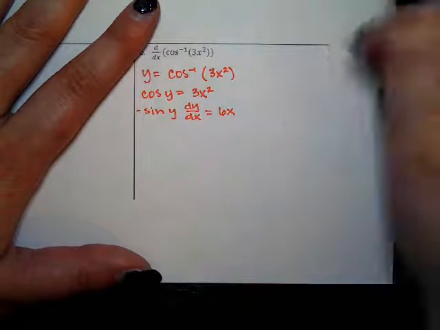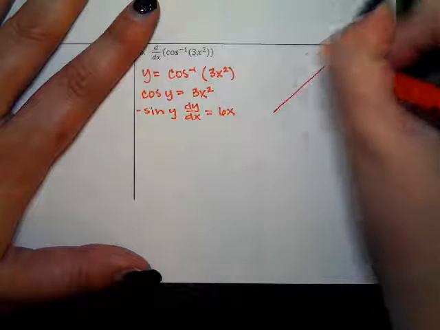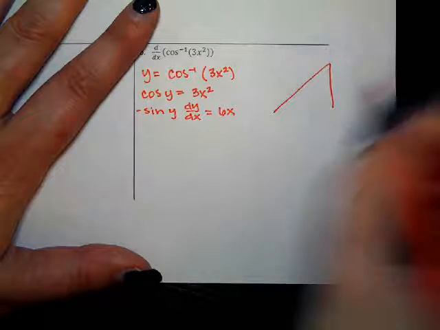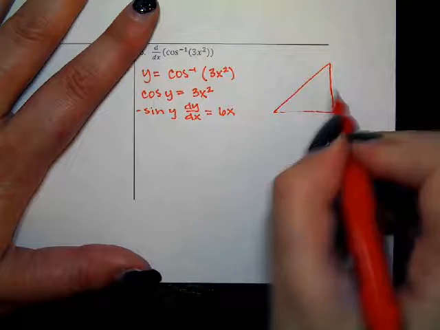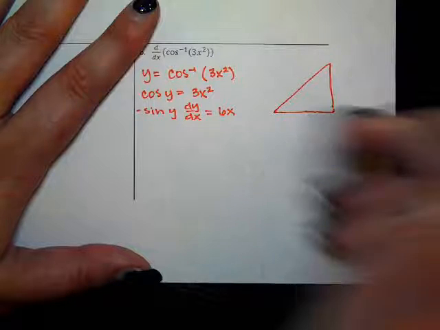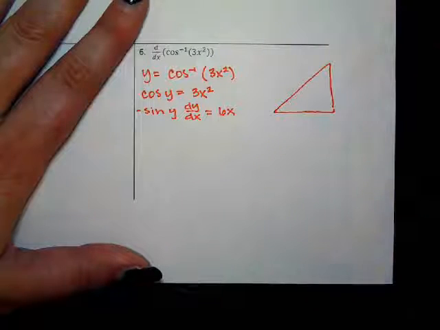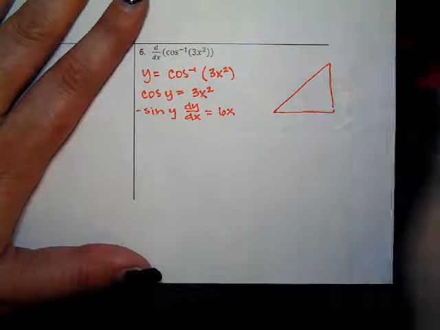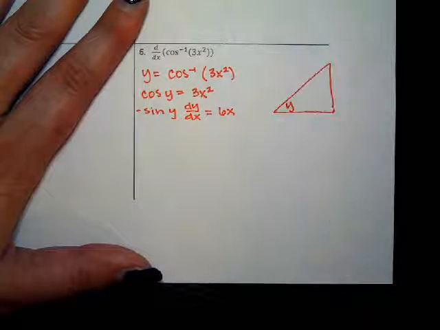Okay, so we've got our right triangle, and what should I label in the right triangle? So I've got cos of the angle y, and then what else do I have?